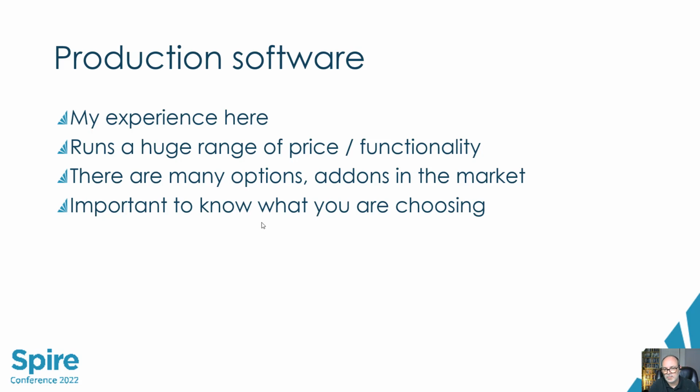Ultimately, it's debits and credits and the appropriate accounts. With production, there are varying different levels of expectation. So I'll take you through how Spire works and explain it as we go.